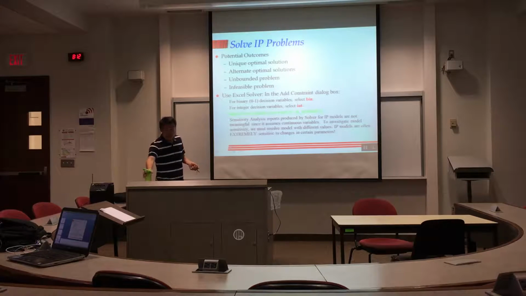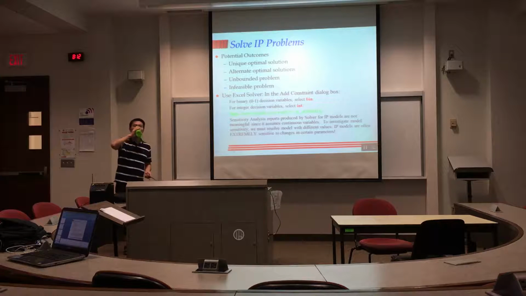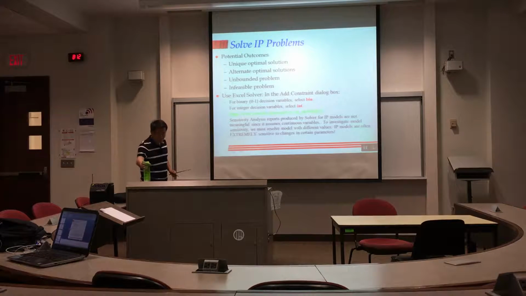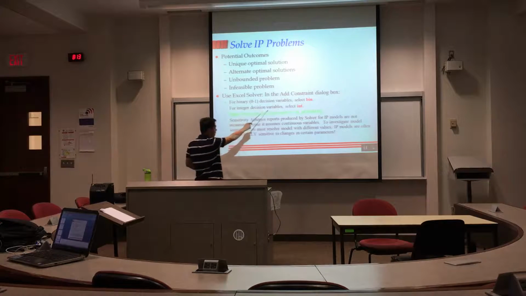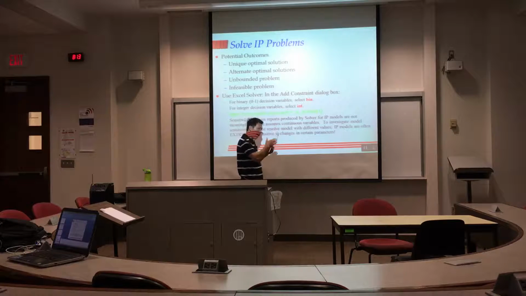Now, how do you solve it using Excel solver? Very similar, just only one thing is different, which is you have to specify the type of decision variables you like. If you want to force, say, x2 to be binary, in the solver you can select bin as the type of the variable.